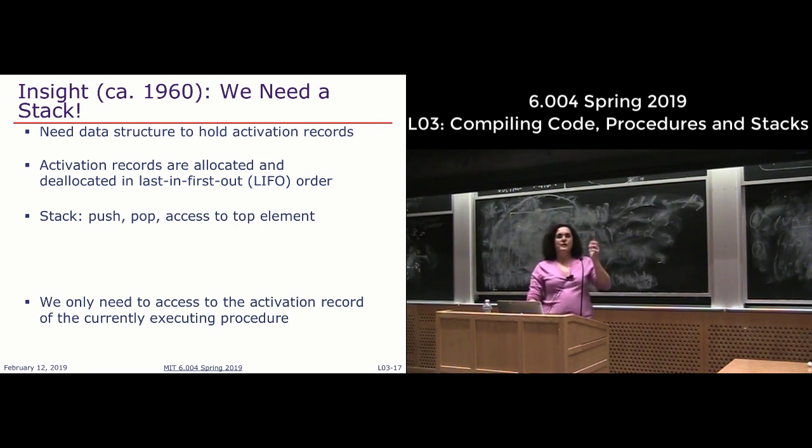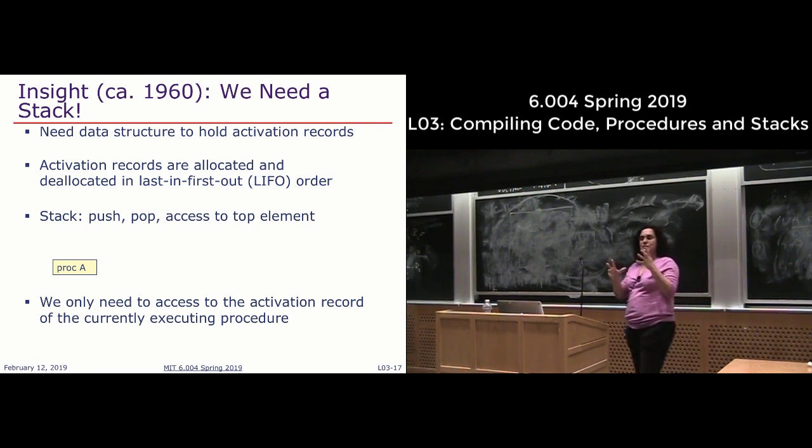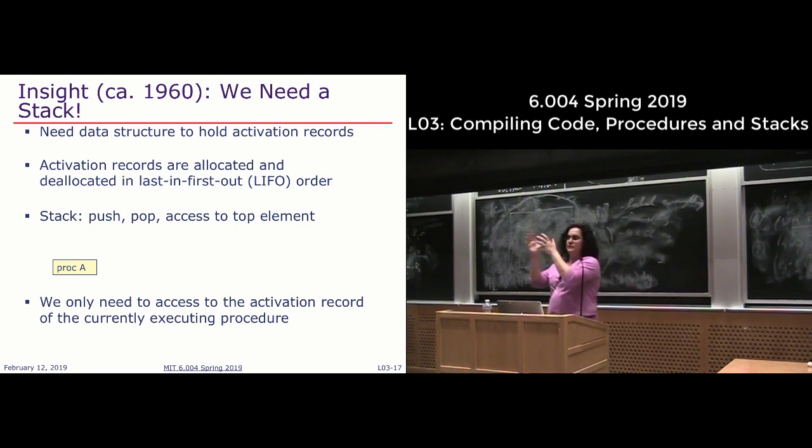So suppose that I have these procedures, A calling B calling C. What I'm going to want is to have, first, some embodiment of all of the registers that are associated with procedure A, which I need to keep track of, like its return address, and I'm going to store that into a chunk of memory by pushing onto my stack. Okay?